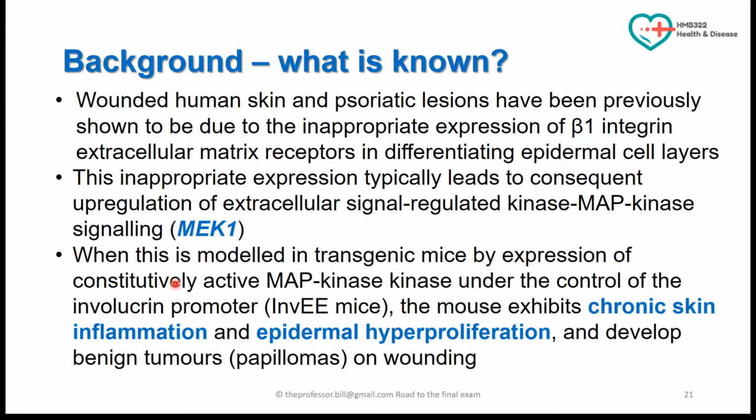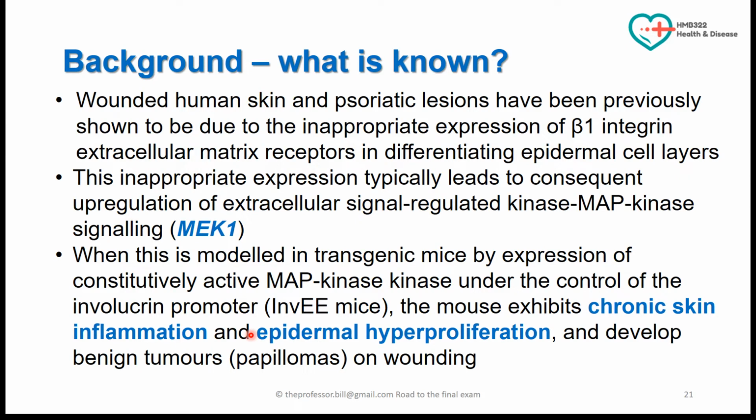And so this is the end result of all of this. If we take MEK1 and make it constitutively active, which means you don't need beta-1 integrin to turn on MEK1, could we then see some kind of skin disorder? We can constitutively turn on MEK1 and put it under the control of an involucrin promoter.